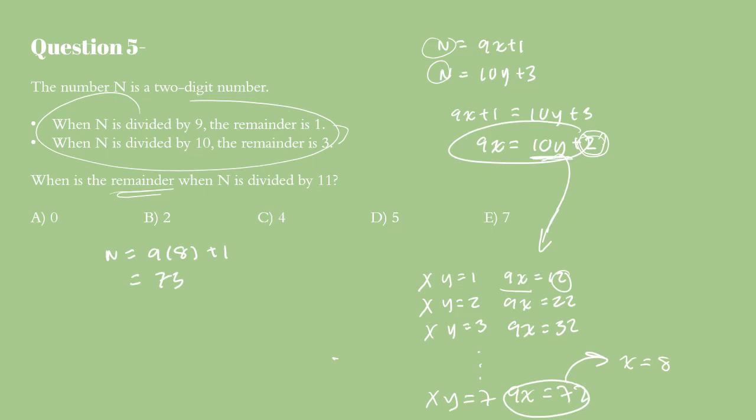So what is the remainder when n is divided by 11? 73 over 11, that would be 6 remainder, let me think. 7? Why am I questioning myself so much? Yeah, it's 7. So that would be E.